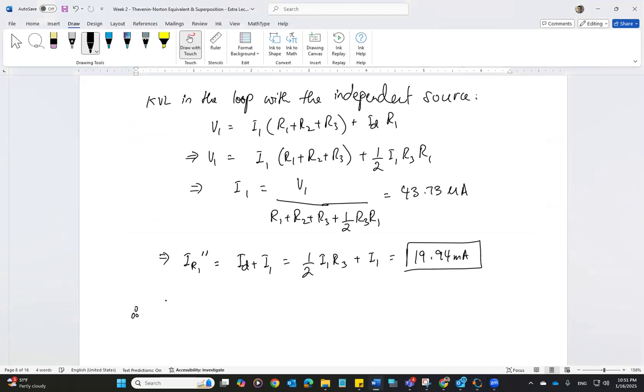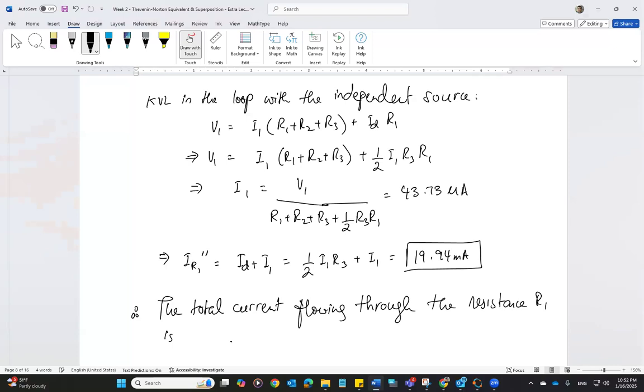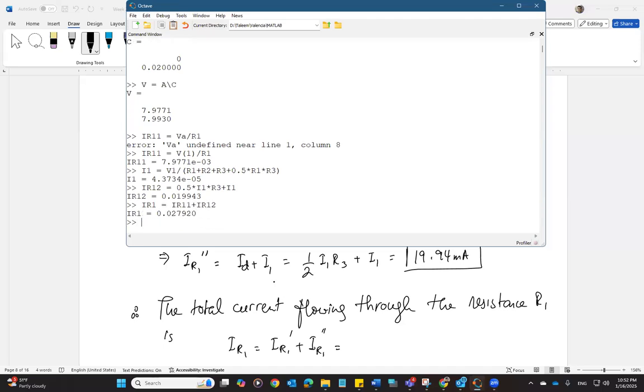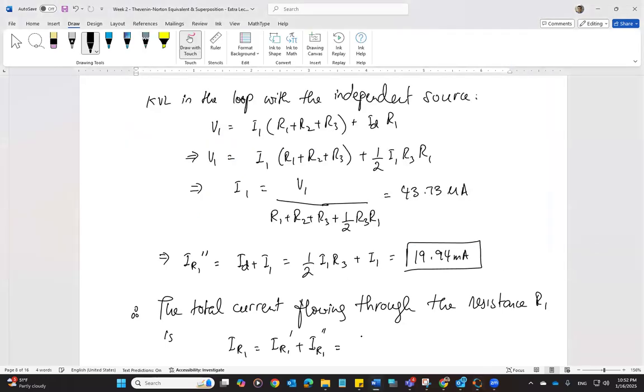Therefore, the total current flowing through the resistance R1 is IR1 equal to IR1 prime plus IR1 double prime, which is IR11 plus IR12, 0.02792, so 27.92 milliampere.